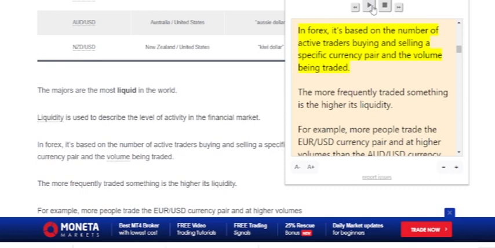They are not stagnant at any price level. They are just moving up and down, so they are volatile. So I call it that the majors usually have that liquidity tendency.